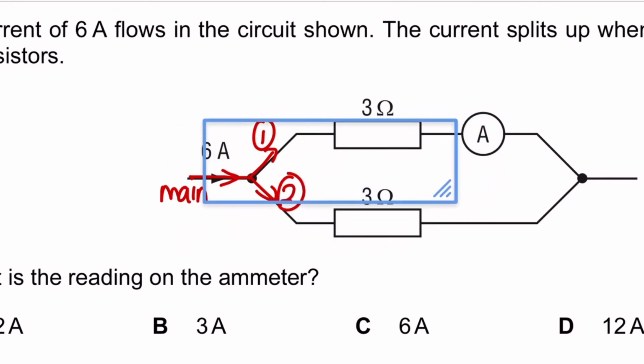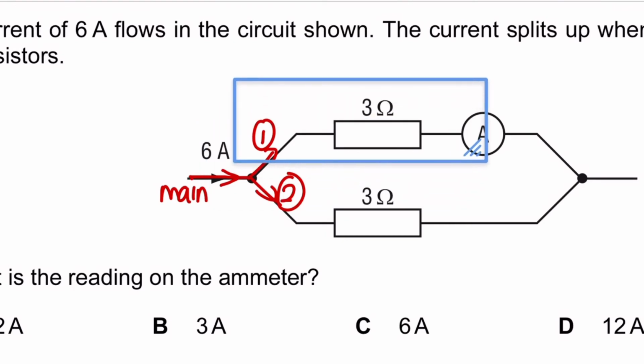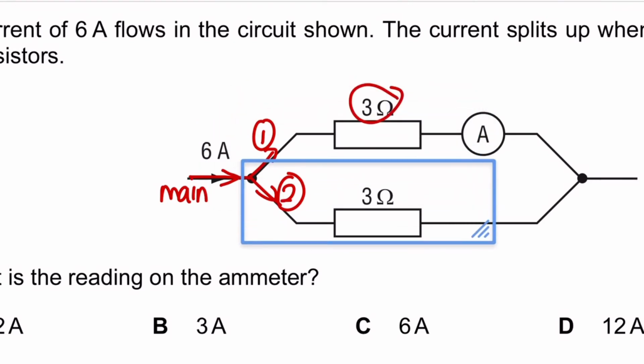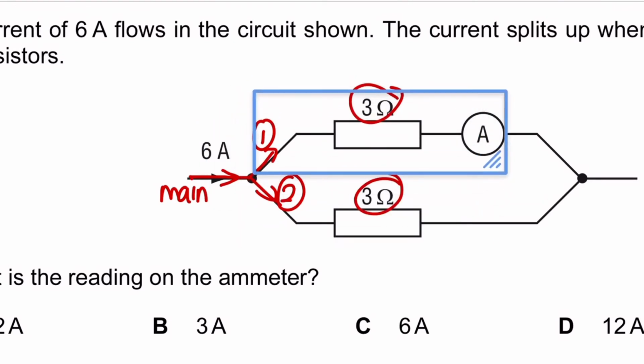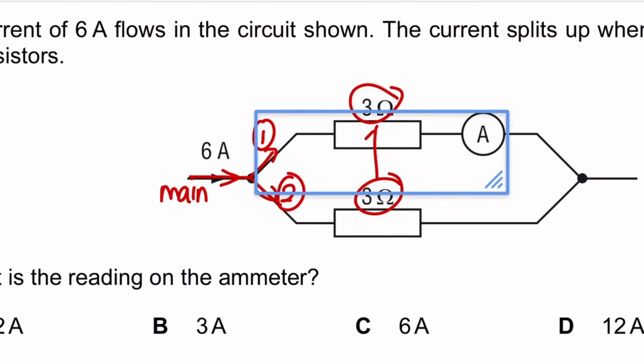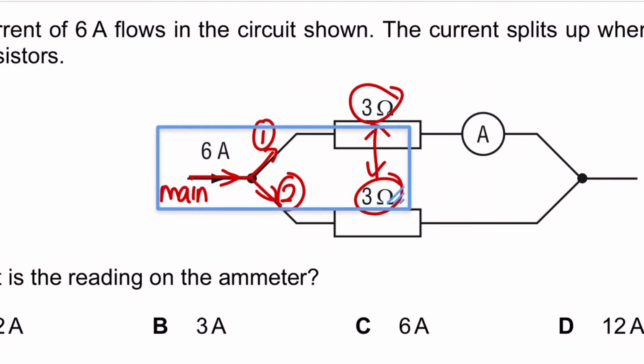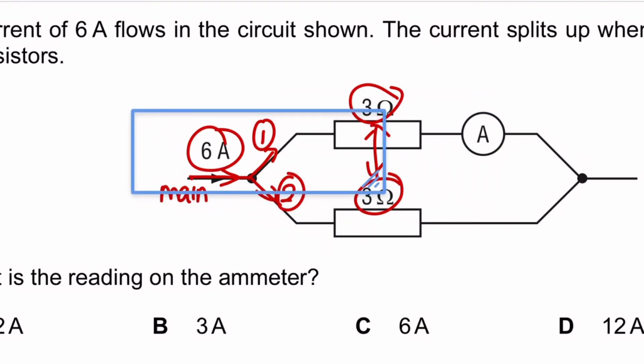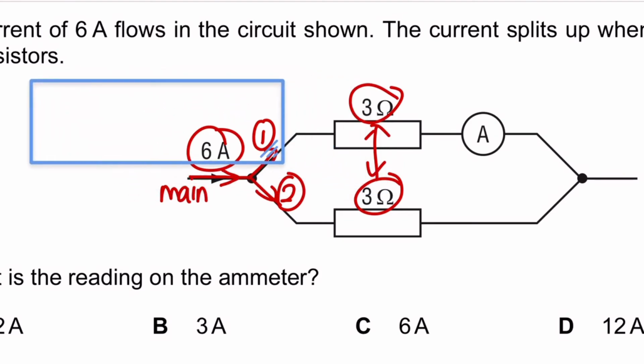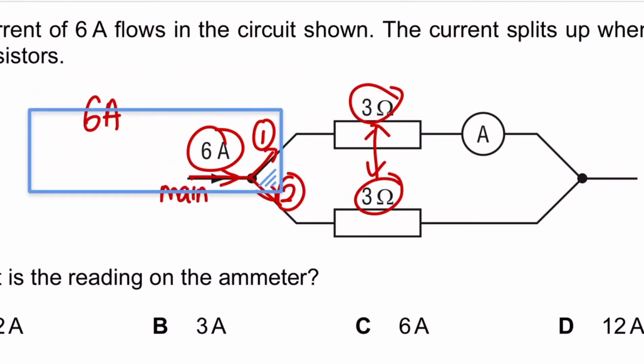The current split between these 2 branches is determined by the resistance of the resistor in each branch. We can see that both resistance in the 2 branches are equal to each other, 3 ohms, 3 ohms. So that means that the current of these 6 amps can be equally divided by 2 branches.